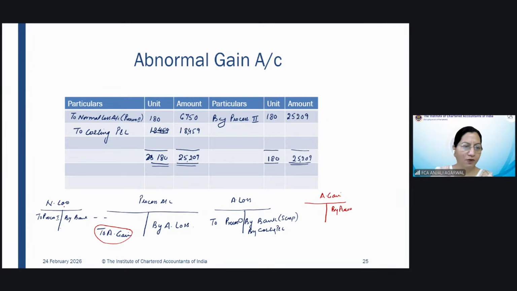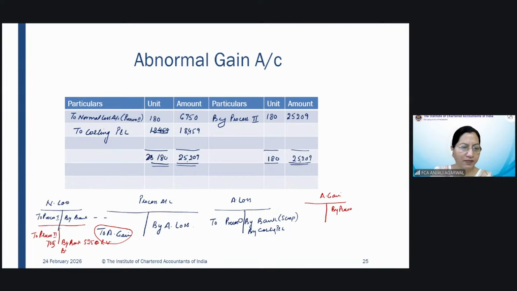However, the normal loss account will also change. How will the normal loss account change? To process 2, but you will not have, let's say, 705 units to sell. You have only 525 units to sell at realizable value or scrap value.